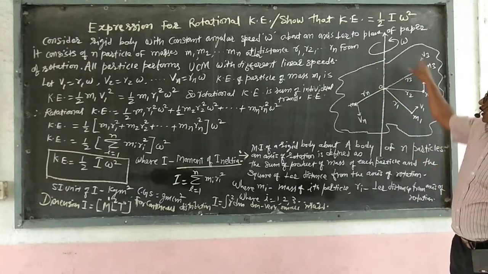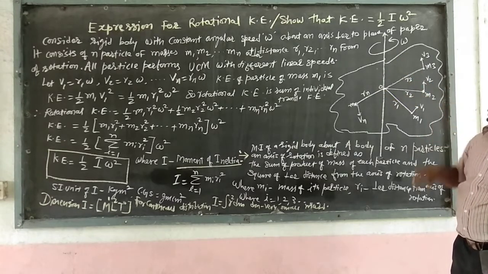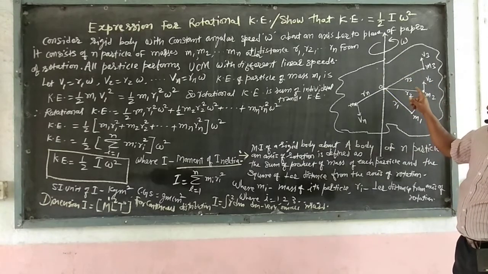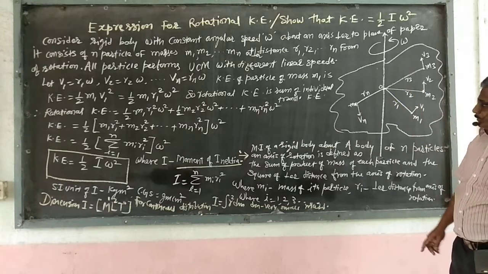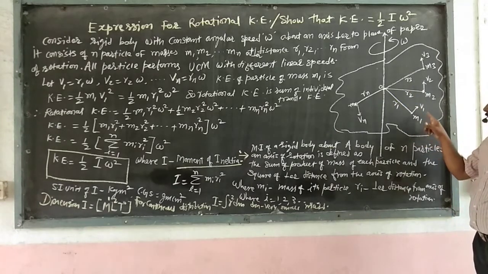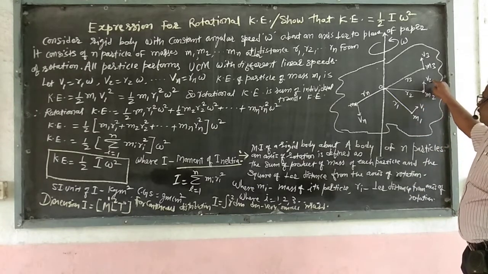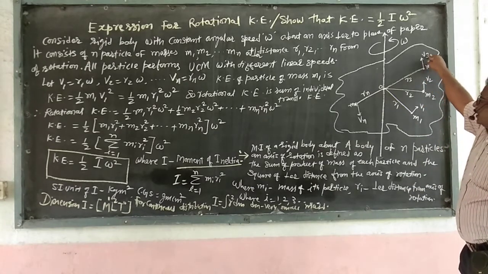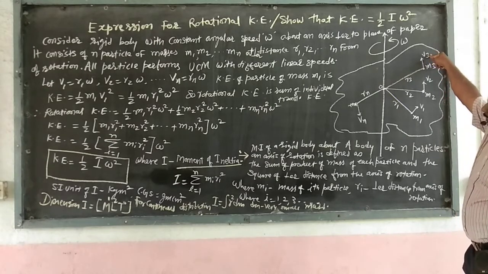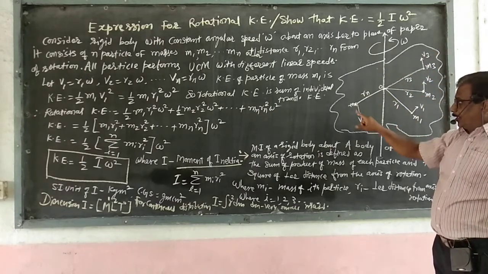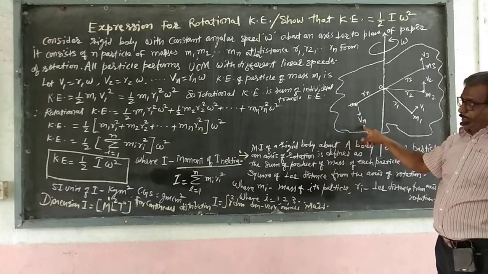All particles perform uniform circular motion with different linear speeds. The first particle has linear speed v1, the second v2, the third v3, and similarly the last particle has linear speed vn.